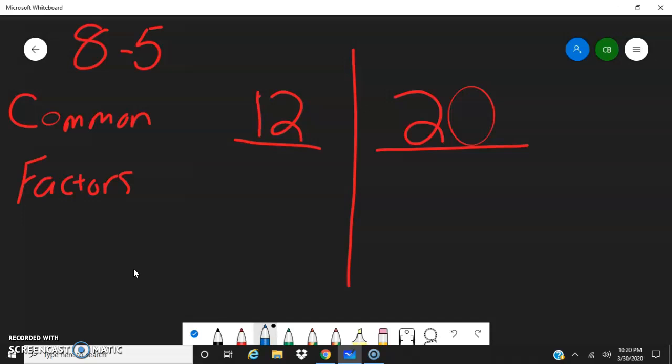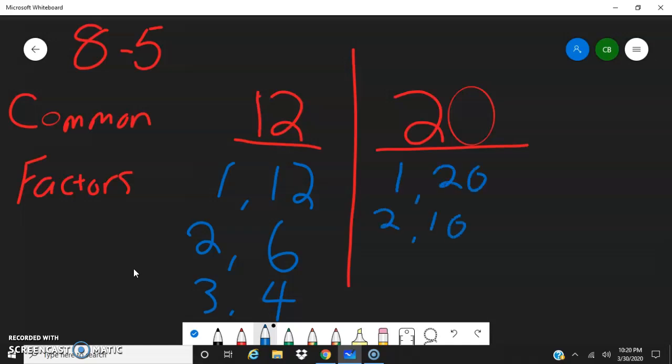For 12, it's 1 and 12, 2 and 6, 3 and 4. Then factors of 20: 1 and 20, 2 and 10, and 4 and 5.